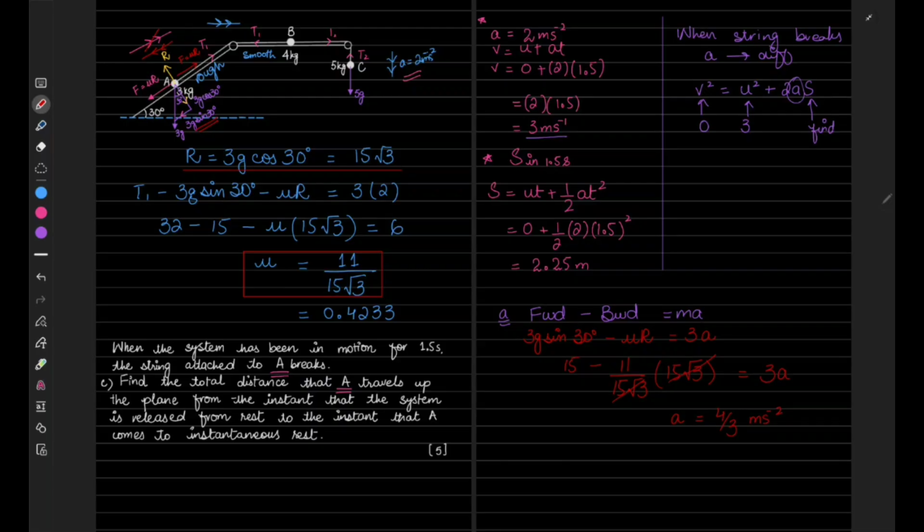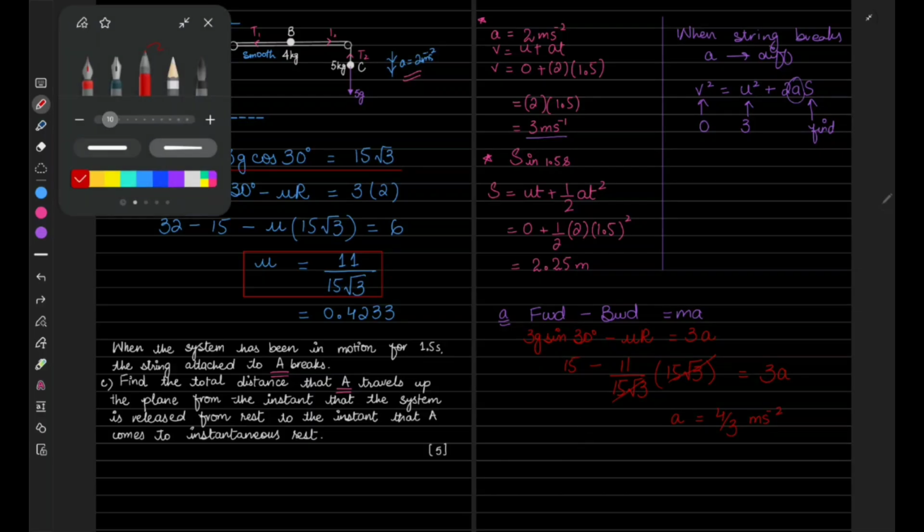Obviously it is decelerating because it is coming to rest. So we can use acceleration to be negative, because we didn't take into account the forward and backward motion sign. So we didn't get a minus here, but still, as we know that it must be decelerating.